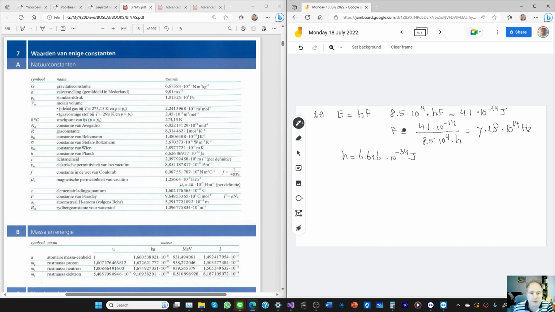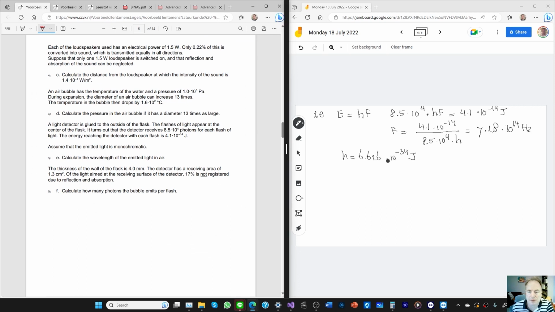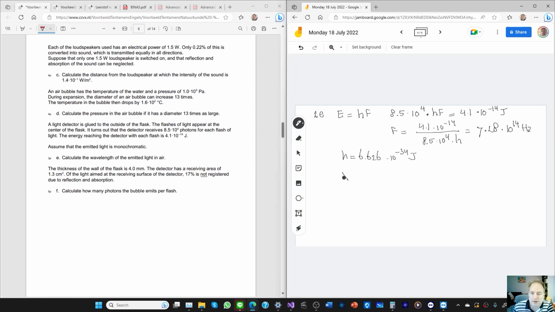Now I can, from this, go back to find the wavelengths. Again, the equation I just remember is that the speed of light is the wavelength of light divided by the period. So it's lambda times the frequency. And frequency is given here.